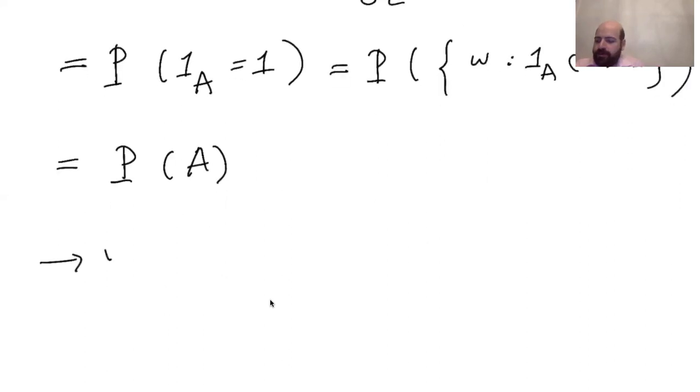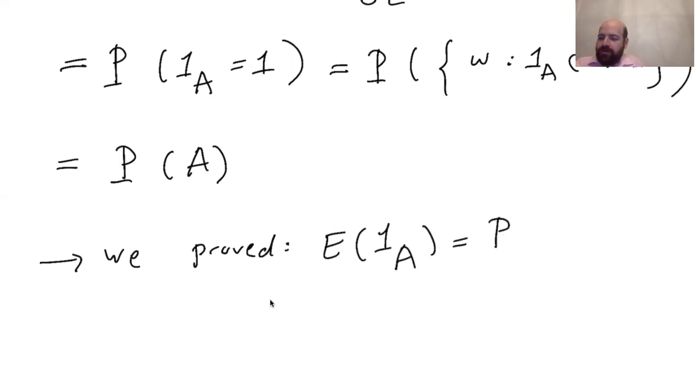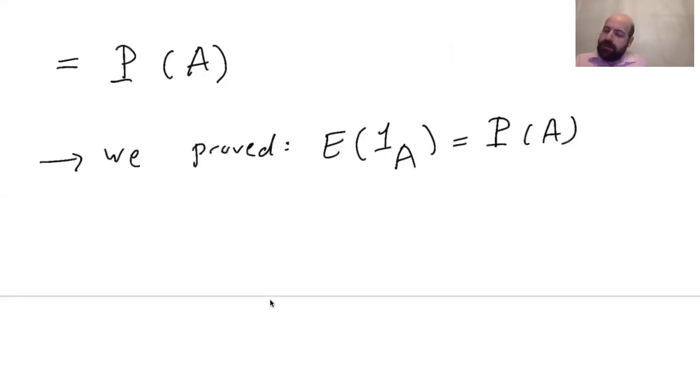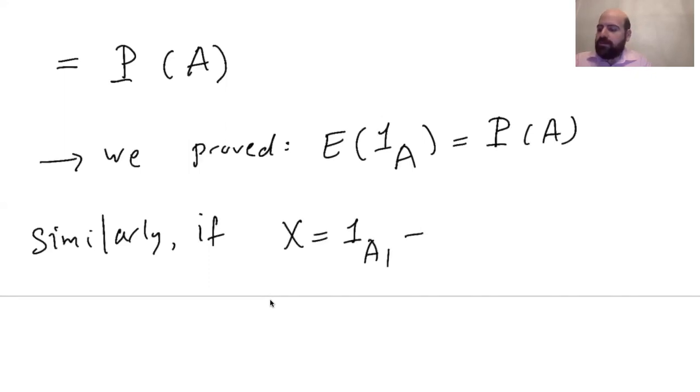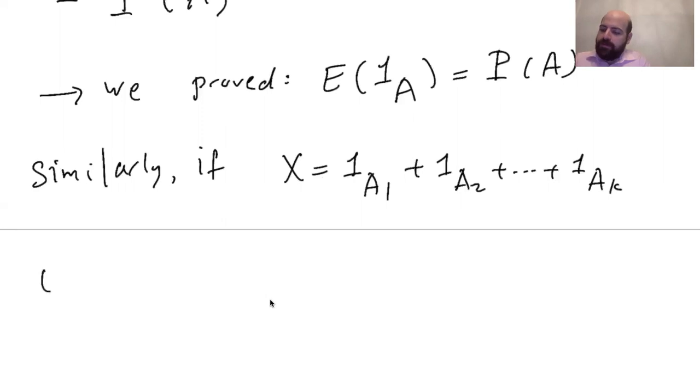Okay, so we proved that the expected value of 1A is equal to the probability of A. Similarly, let's say capital X is equal to 1A1 plus 1A2 all the way to 1AK, for events A1 to AK.